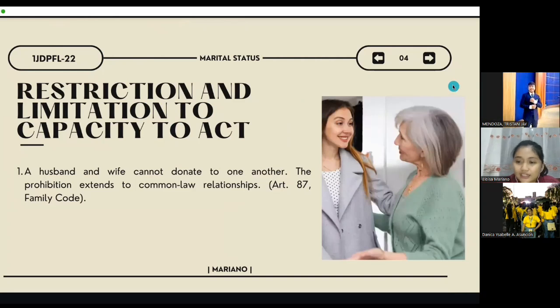As a rule, they also cannot sell to one another, except in cases where they are governed by the complete separation of property regime or when there is separation of properties during the marriage. This is according to Article 1490 of the New Civil Code. Next slide, please.